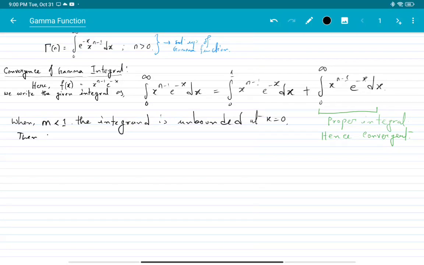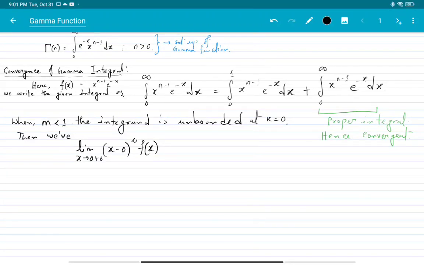Then we have the limit of x minus 0 to the power mu times f of x, with x tending to 0 plus, that means I am taking positive values.